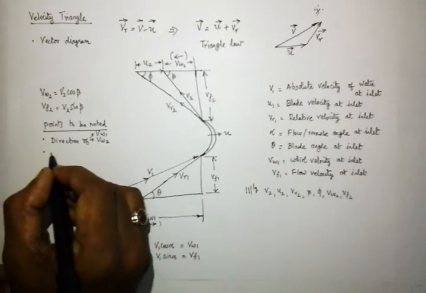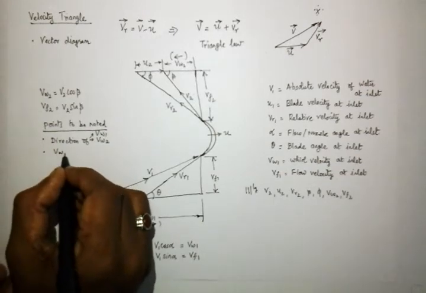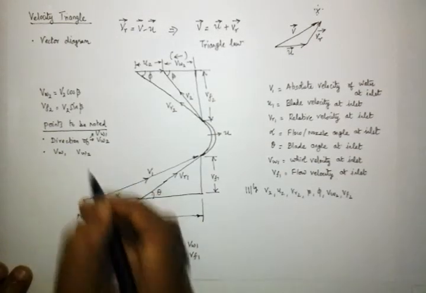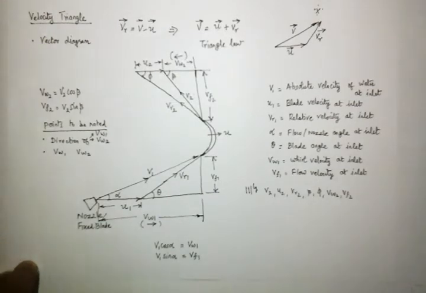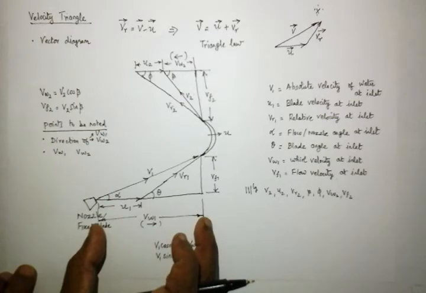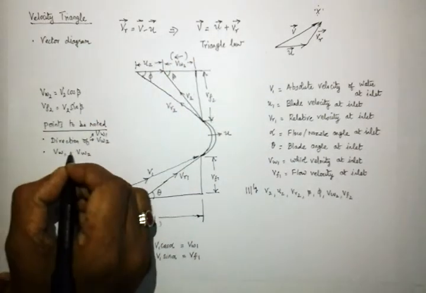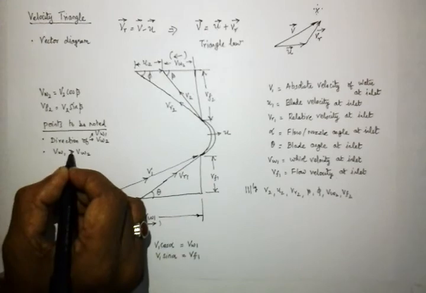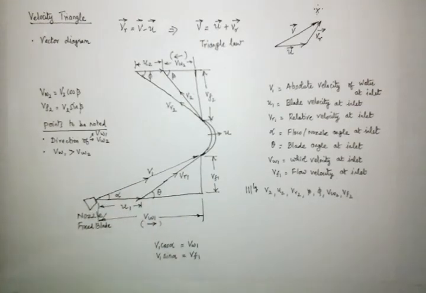Then what about the magnitude of VW1 and VW2? I have not drawn it according to scale, even then you can notice VW1 is much higher than VW2. This is very important. You must understand why it is coming like this. When we proceed with the velocity triangle specific to a particular turbine, we will have a very clear picture. So these things are very important.